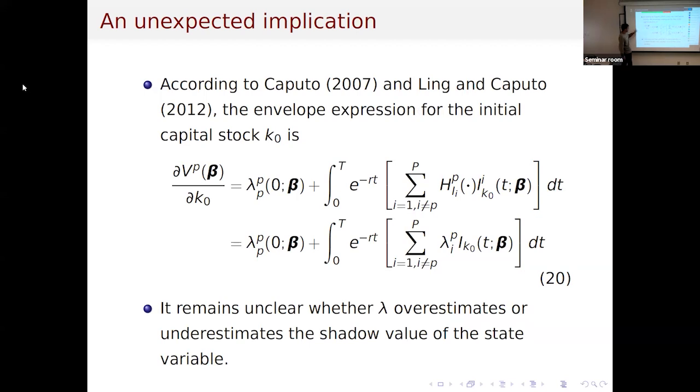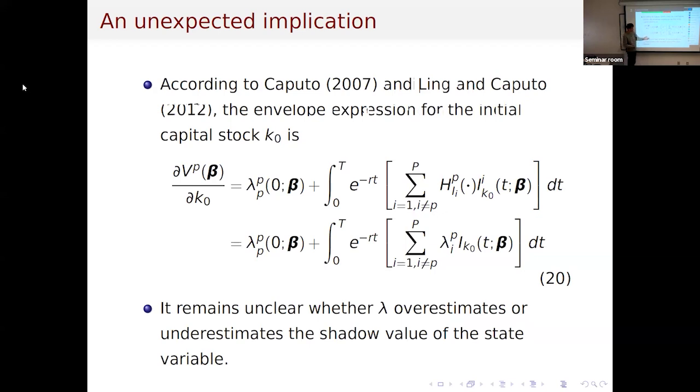According to our work, if you derive this equation, we can see that the costate variable is not the shadow value of the initial capital, right? So the lambda is not equal to the marginal value of the capital. We have this extra term here, and usually it's not degenerate. However, it remains unclear whether the lambda overestimates or underestimates the shadow value of the state.